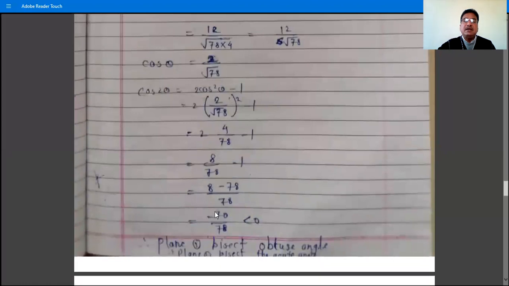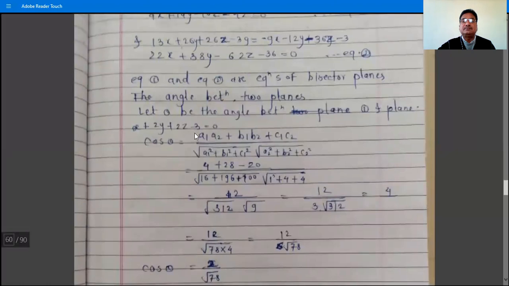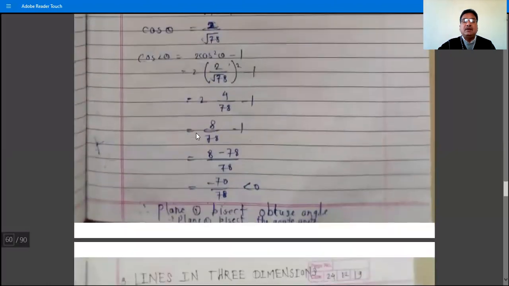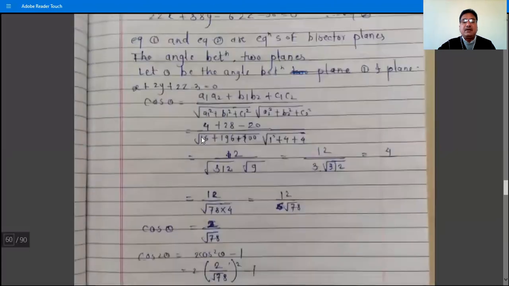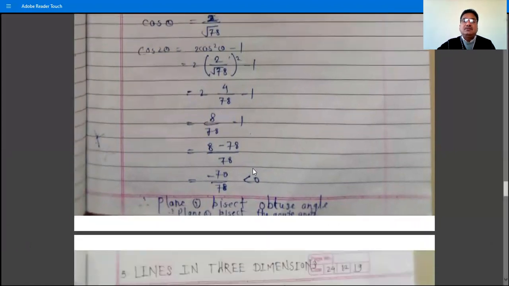Why? Because cos 2 theta is negative, where theta is the angle between plane 1 and the given plane, and cos of 2 theta is less than 0. So what does that mean for 2 theta? Cos of 0 is 1, cos of 90 is 0. And if the angle is larger than 90 degrees, then its cos is negative, because in the first quadrant all are positive, in the second quadrant sine and its reciprocal are positive.